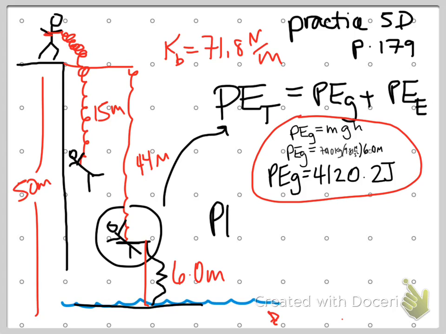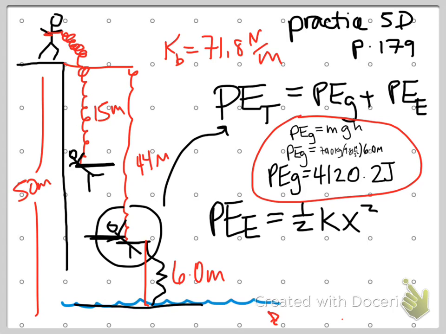Okay, so what about the elastic potential energy? Well, 1/2 K x squared. So, how do we get our x? Yeah, it's the difference in the deformed and undeformed length. So we have 15 and 44.